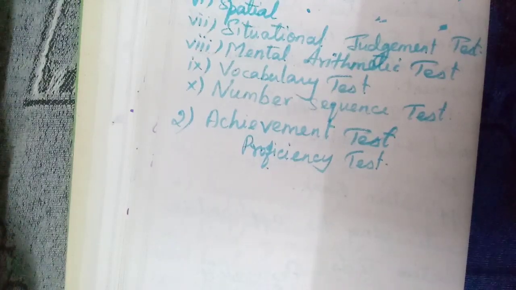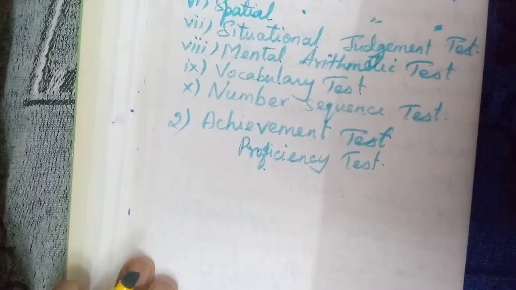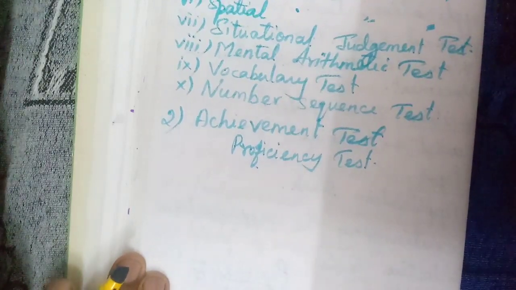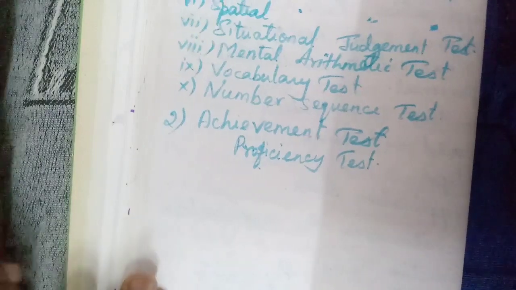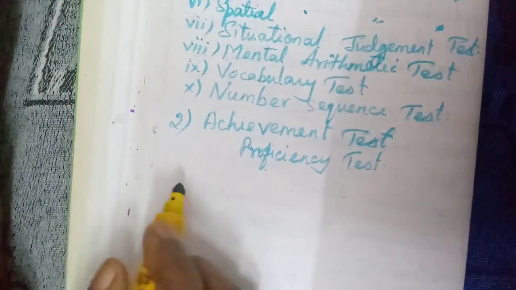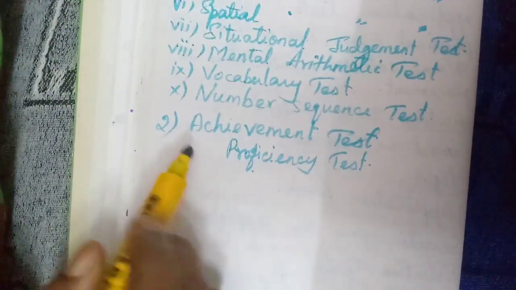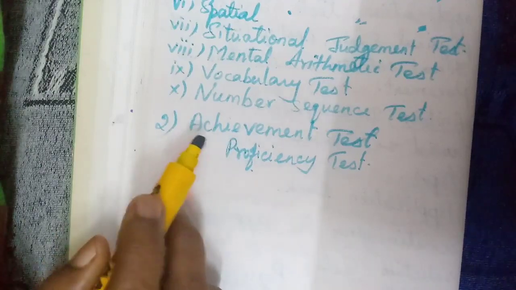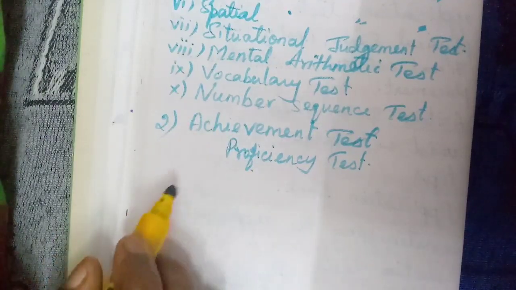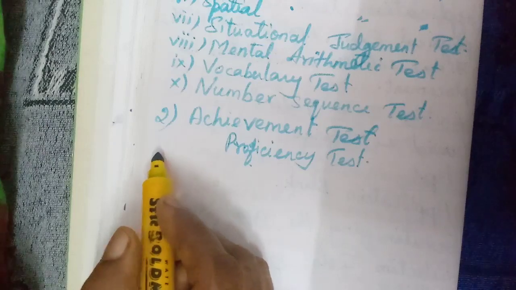For a teacher, they will ask them to show one demo class. So in this way they will test their achievement. That is called the achievement test or proficiency test.